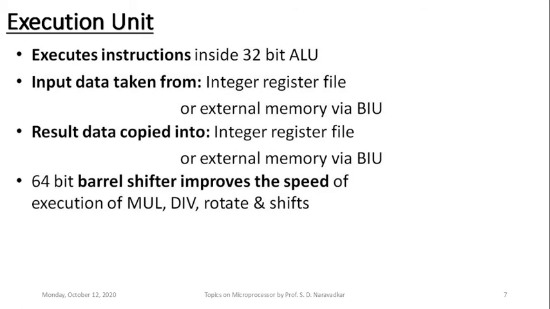In case we are dealing with smaller sized operands, only the lower part of the barrel shifter will be operational, and the upper part will be filled with all zeros at that time. This question which is highlighted has already been explained by me just now.